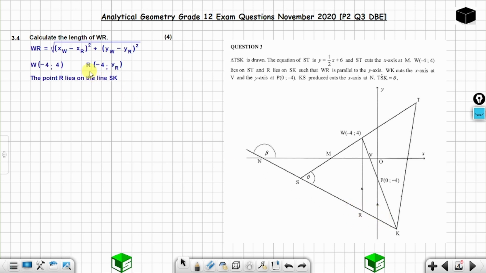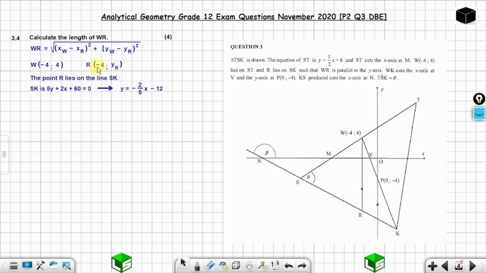We have the x coordinate of R. From question 3.3, the equation of SK was given as 5y + 2x + 60 = 0. After making y the subject of the formula, you have y is equal to this.